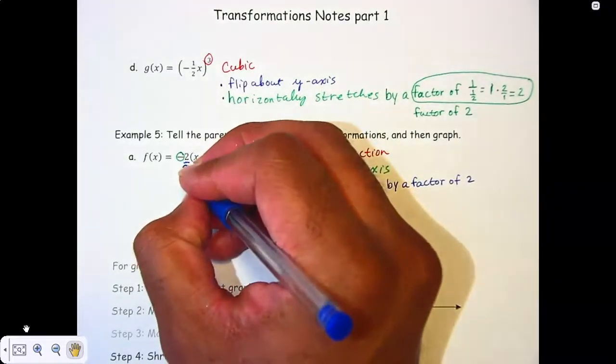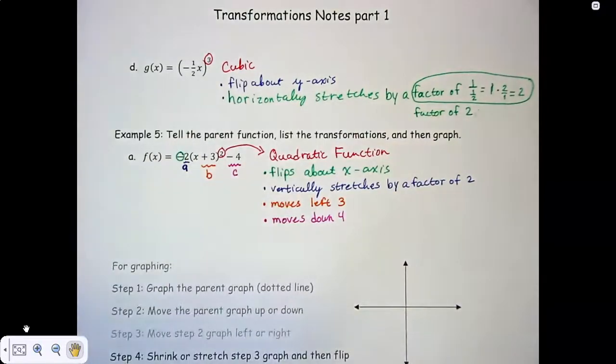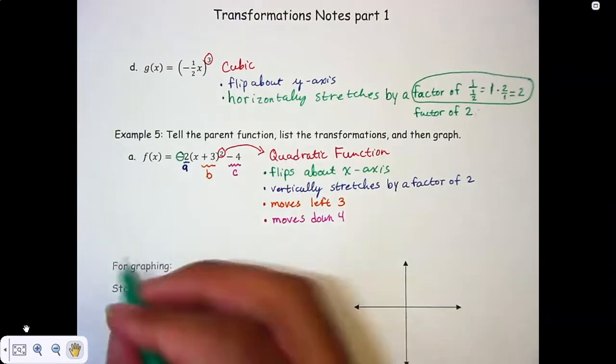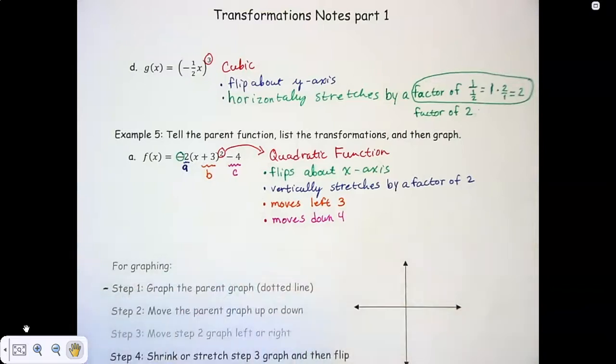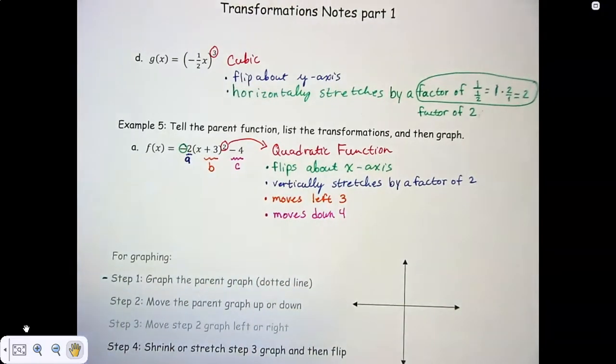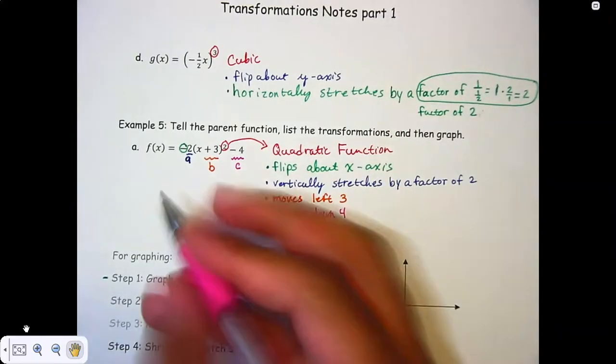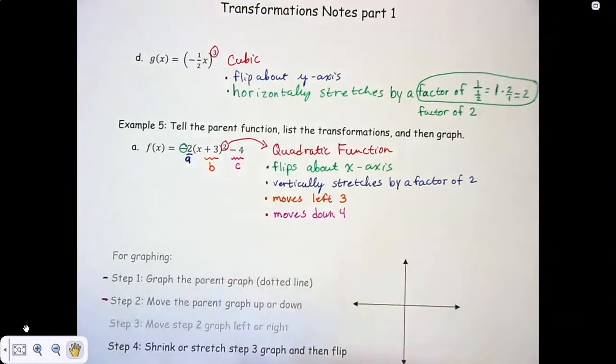All right, so with this, we're going to have our steps here. We're going to try to color coordinate this as much as possible. The green is going to deal with our parent graph. Our pink is going to deal with step 2, moving up and down.